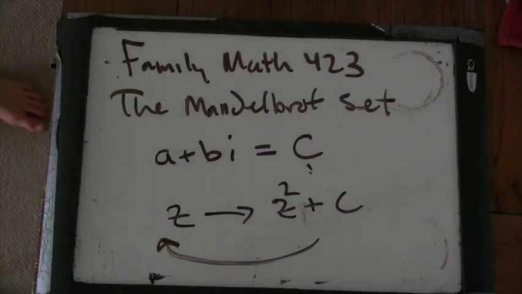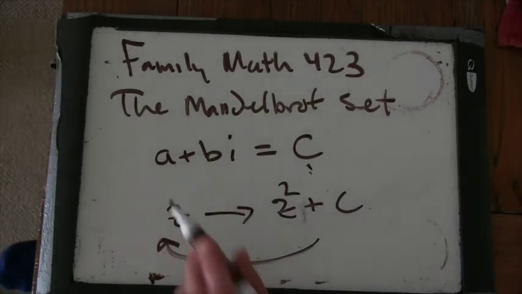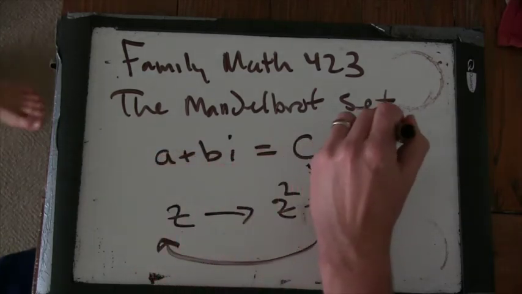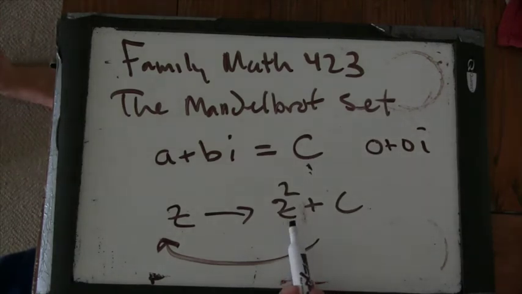So, for example, what's the simplest number we can think of to start, for c? How about 0? Yeah, 0 is a great one. So if we just pick 0 plus 0i, which is otherwise known as 0, what happens when I square 0?